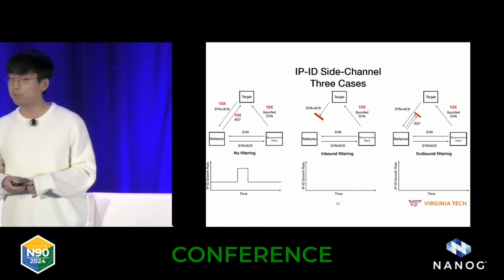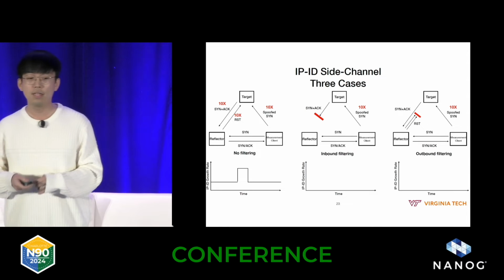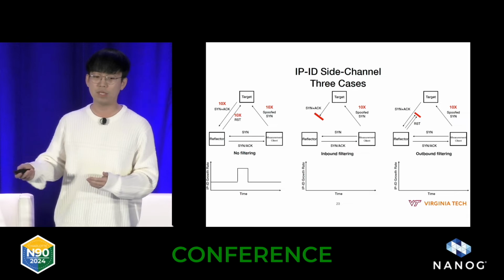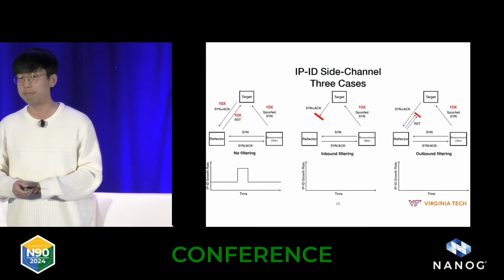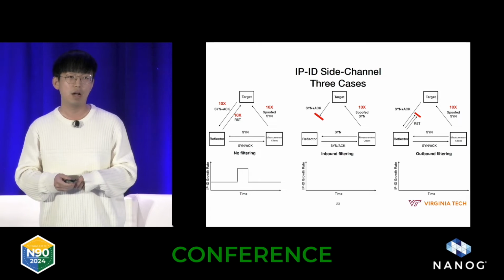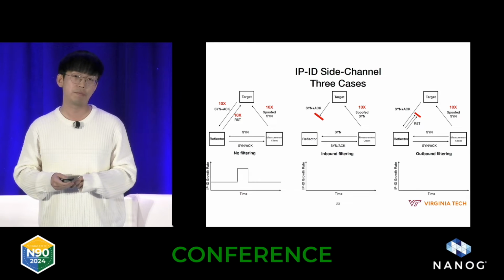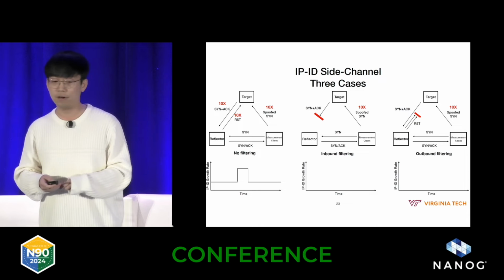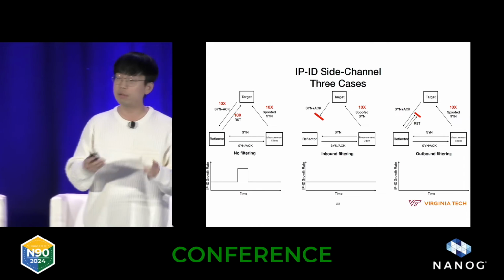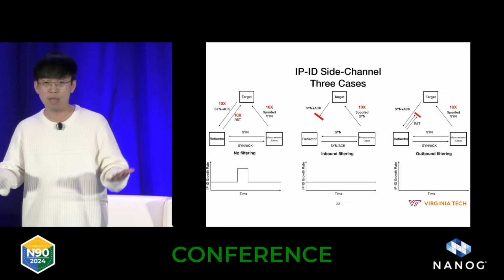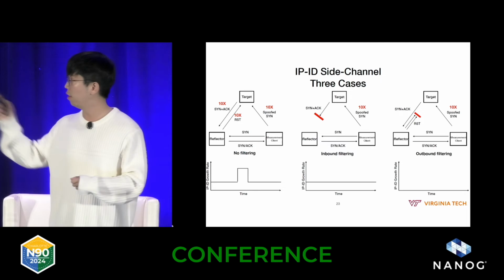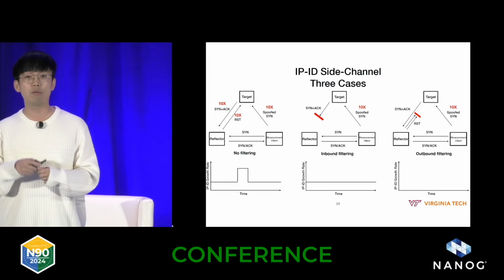If there is no filtering at all, the target will send 10 SYN plus ACK packets, which makes the reflector send 10 reset packets, so that we can measure one giant spike from our measurement client. If there is inbound filtering, then because the reflector has never received any packet, it will not send any reset packet at all. So the IP-ID growth pattern will be just flat.